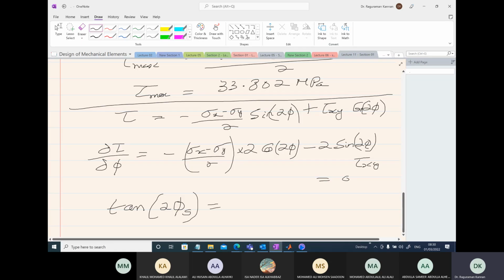It is going to be equal to, we can cancel the 2's off both sides. On the left hand side, I will have negative sigma x minus sigma y over 2.